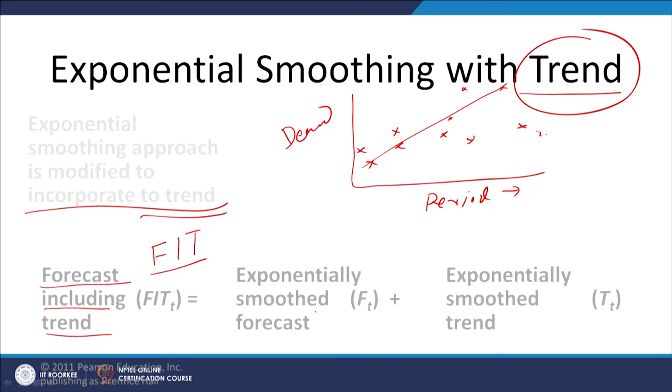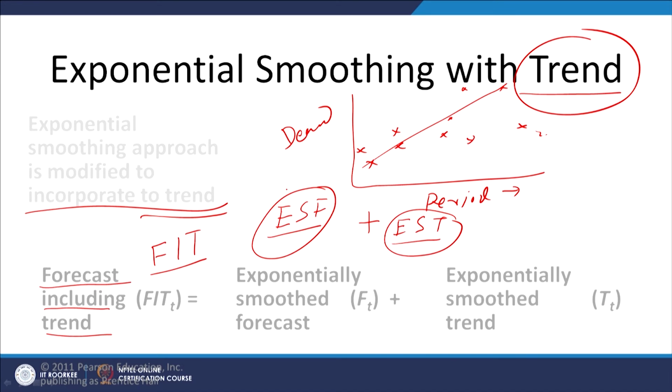One is very simple, like what we have done earlier, the exponentially smoothed forecast, plus the exponentially smoothed trend. The exponentially smoothed trend is calculated separately and the exponentially smoothed forecast is calculated separately, and then their algebraic sum is used to determine the forecast considering the trend.